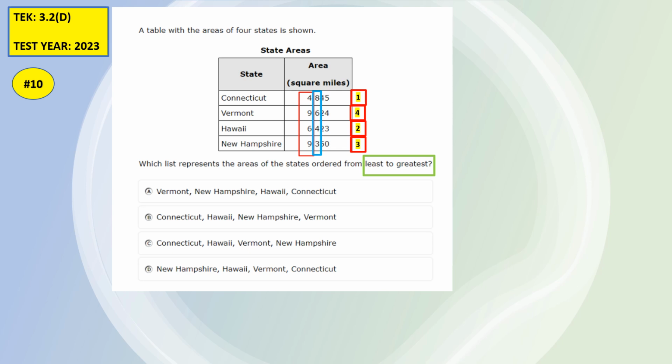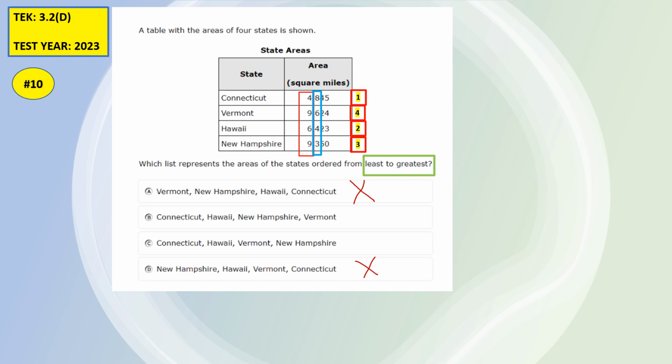So the first state that should be listed is Connecticut. Well, I'm in luck because I see that I have 2 answer choices with Connecticut listed as the first state. And I have 2 answer choices that don't have Connecticut listed as the first state. So I can get rid of the 2 incorrect answer choices, which would be A and D. Now I'm only focusing on B and C.